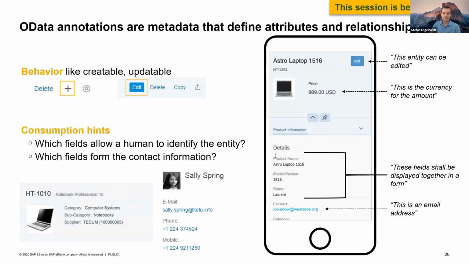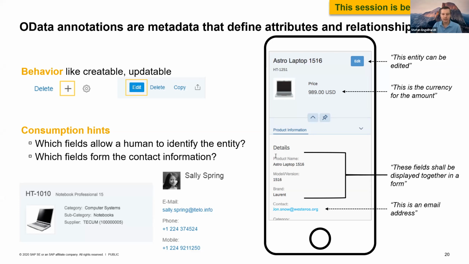Yeah, and so these annotations then in an abstract way tell, okay, this entity here in the screen is a product, this is creatable or this is updatable. And when we get told that it's updatable, we just show the edit button here on the top right, and we offer all the editing capabilities. So when the user hits edit, either if it's a draft enabled service or a standard OData service, we just do the necessary data fetching.